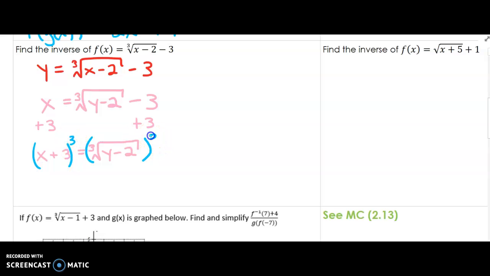There's a 3, so I need to take each side to the third power, so that my root and this power cancel out. All I'm left with on the right side of my equation is whatever was underneath my radical, which is y minus 2. And then on the left side of my equation, I have x plus 3 cubed.